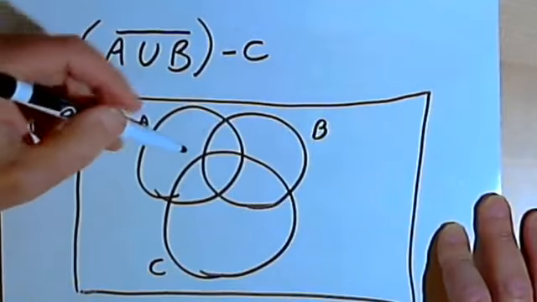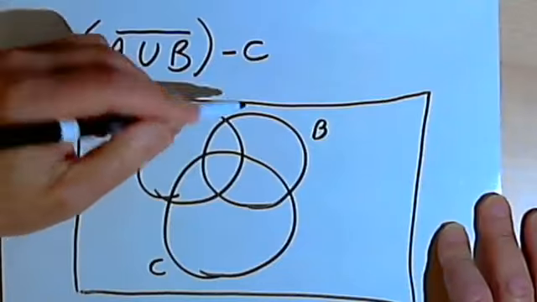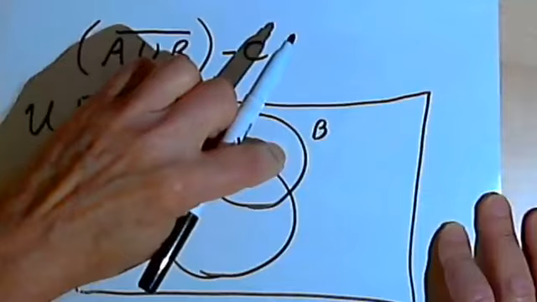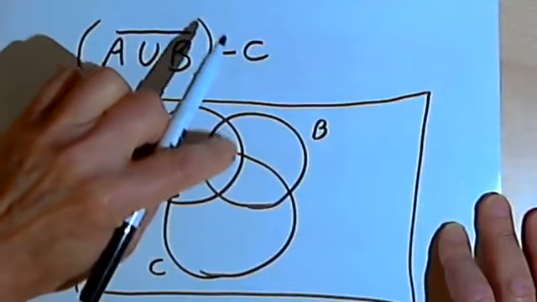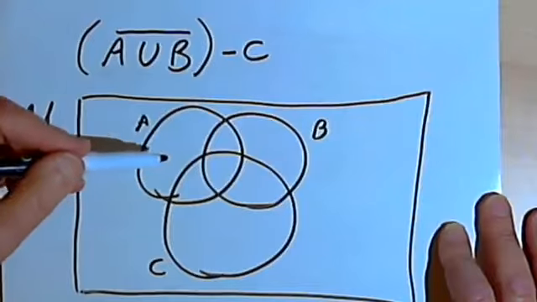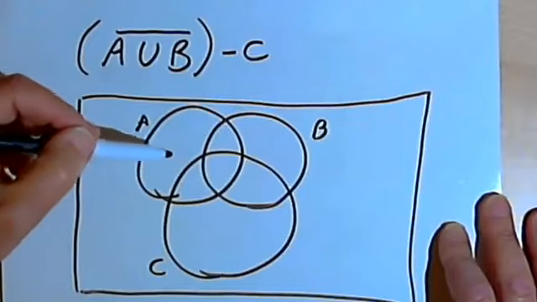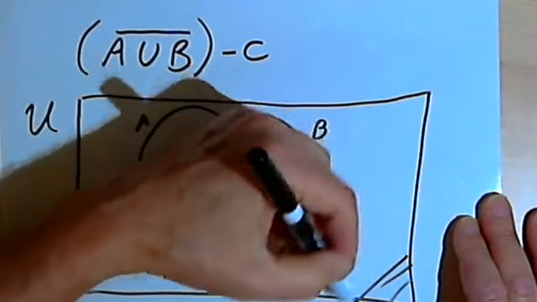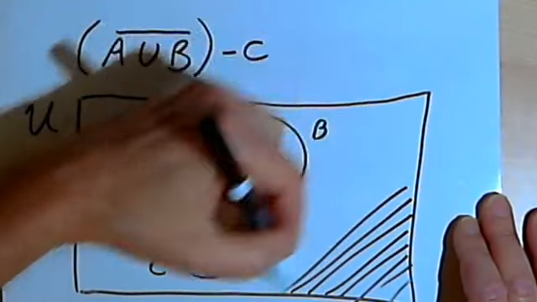And the union of A and B would be the area within A, or the area within B, or the area where they overlap. But I want the complement of that. So what I want to do is shade in anything that is not in A and not in B, which means I'm going to go outside the circles.